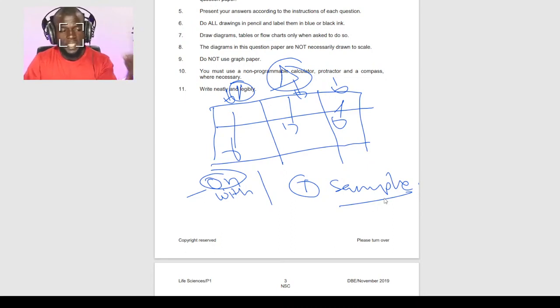When you repeat the experiment, you are increasing reliability. You repeat the experiment and you get the average. Sometimes you repeat the experiment, or you get the average of what you have repeated.